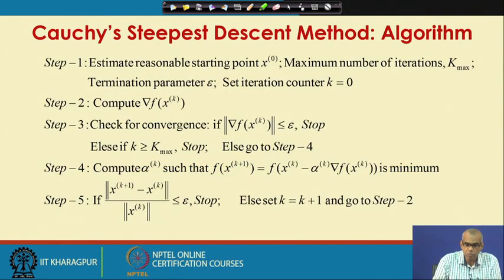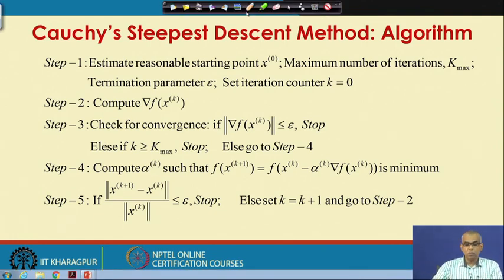So, this is the algorithm for steepest descent method. In step 1, we start with a reasonable guess of the minimum point, we call it x 0. Set the maximum number of iterations k max, set the termination parameter epsilon a small value, set the iteration counter k equal to 0.